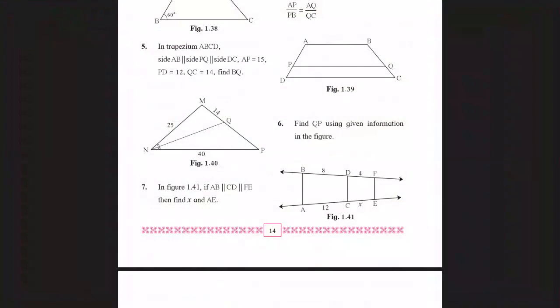Now, since you have three parallel lines like this, AB parallel to CD parallel to EF, which property must we use? Property of three parallel lines and their transversal. So your transversals are BF and AE and the parallel lines are AB, CD and EF. How do I find out? 12 upon x equal to 8 upon 4.